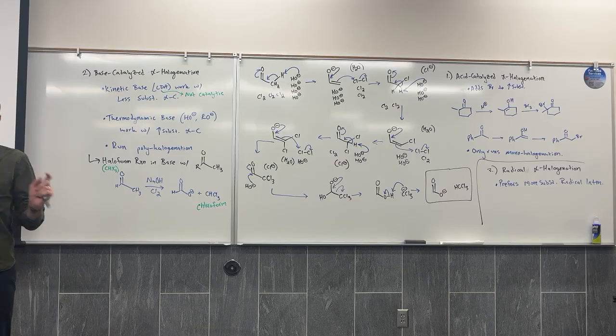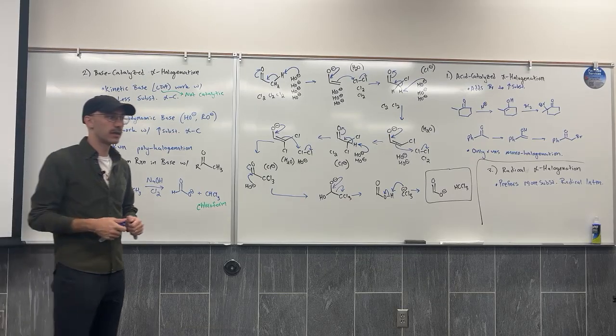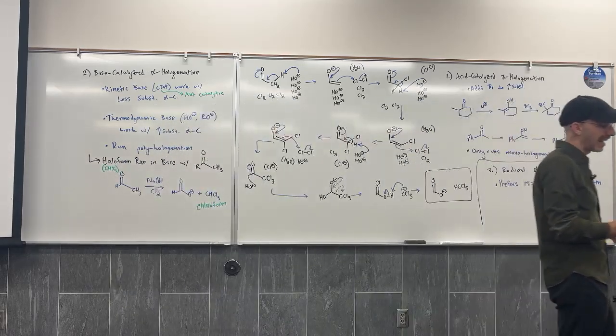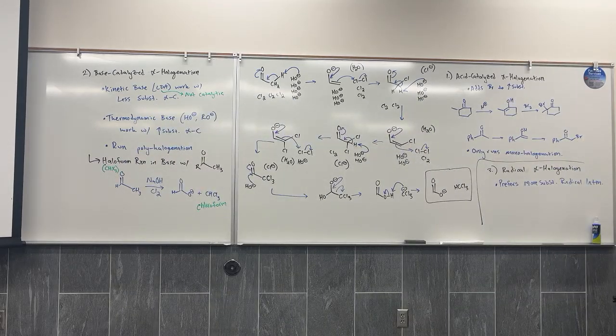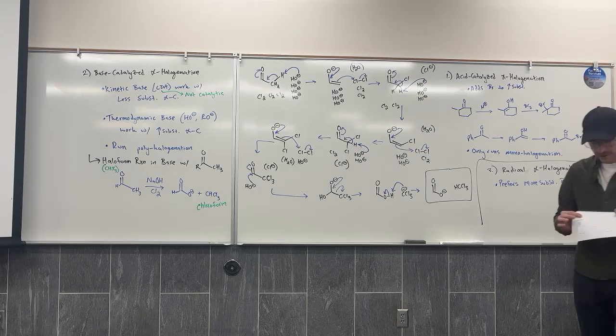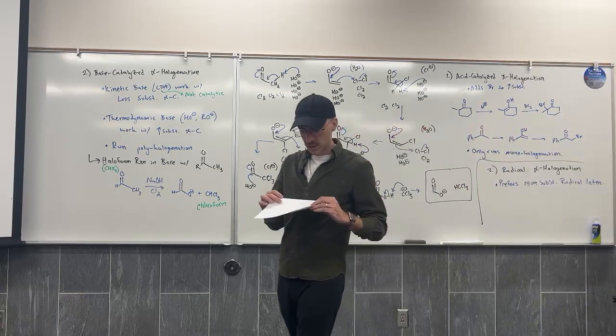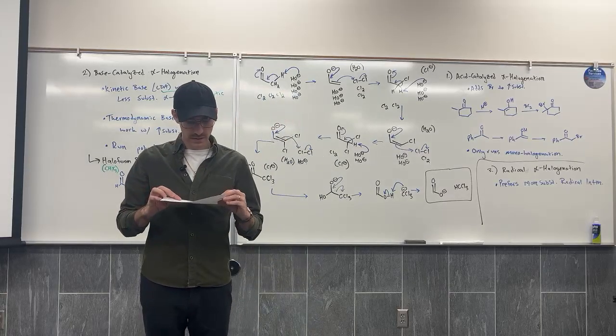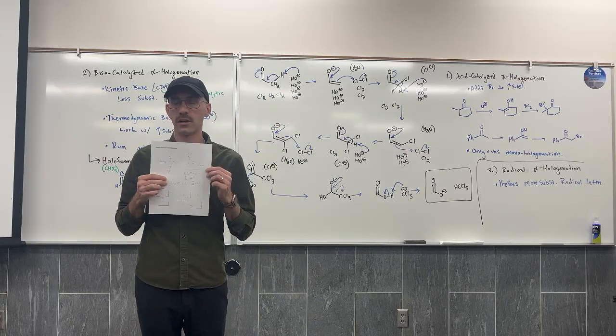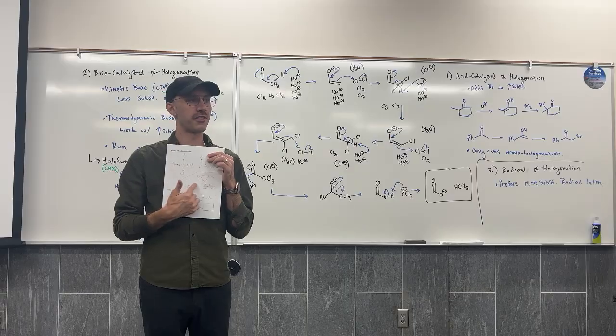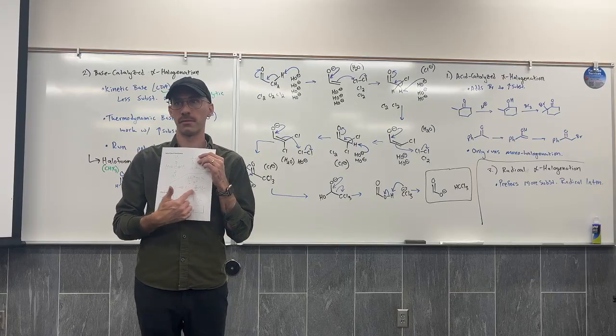We can control the regiochemistry, we can control the quantity, we can control, you know what, I'm not talking about stereochemistry here, but we could absolutely talk about how this impacts chiral carbons or achiral carbons. In the second of our diagrams, down here at the bottom, we've got two different alpha substitution reactions running along the bottom.